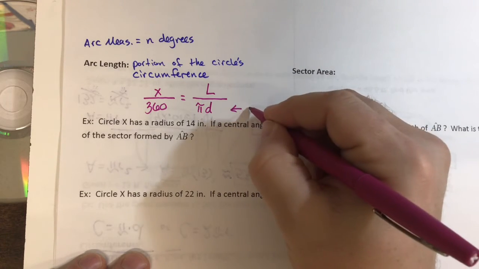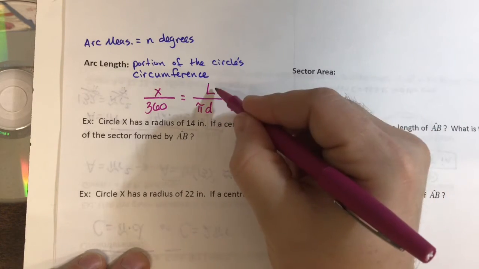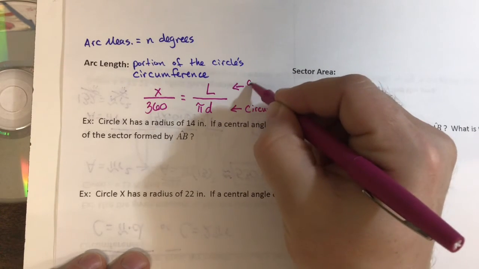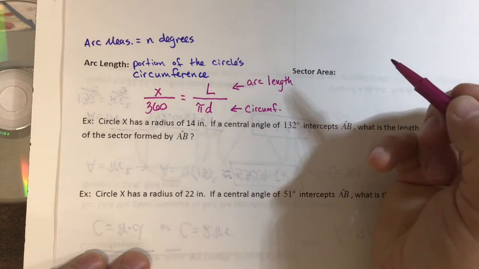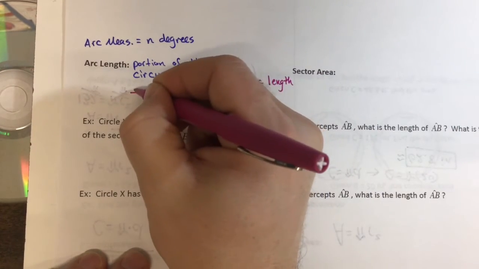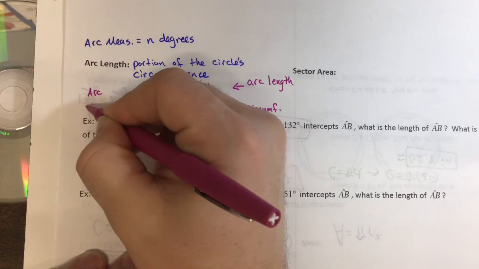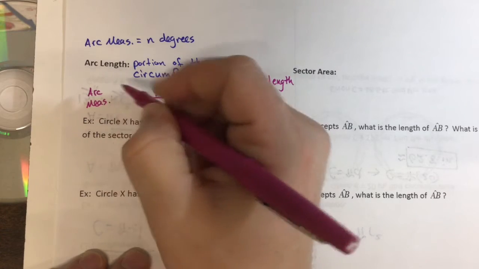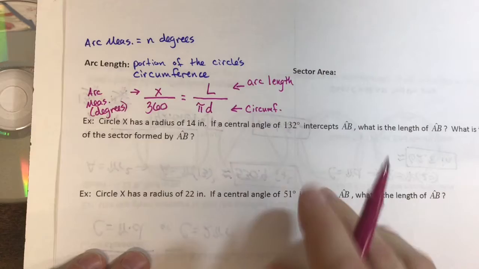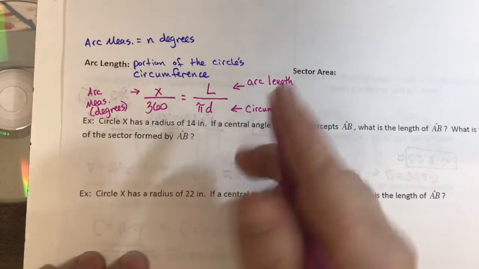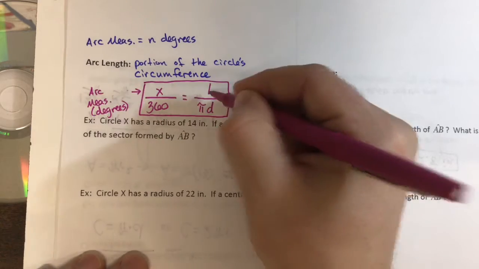This bottom portion is just circumference. I'm going to abbreviate. This capital L stands for arc length. This part X is the arc measure in degrees. Okay? And so that's our proportion, or our formula for calculating arc length.